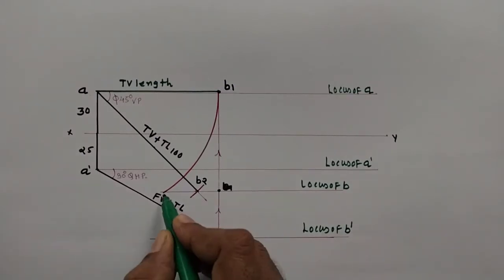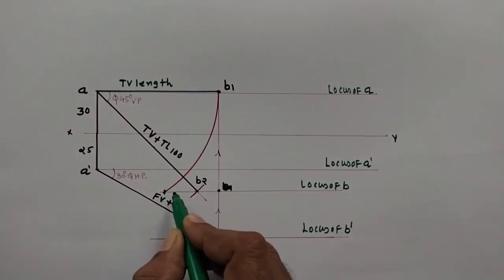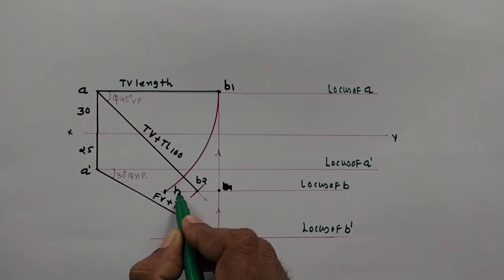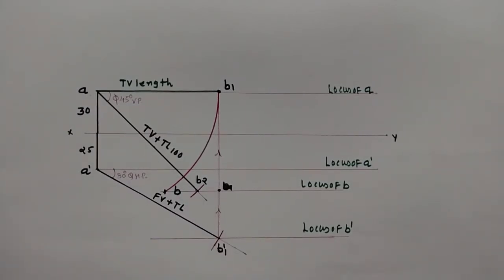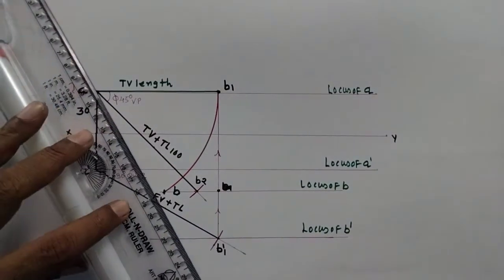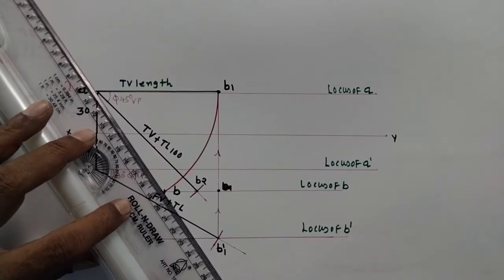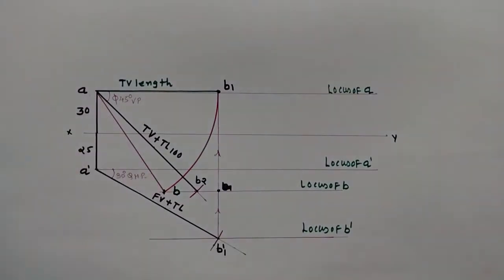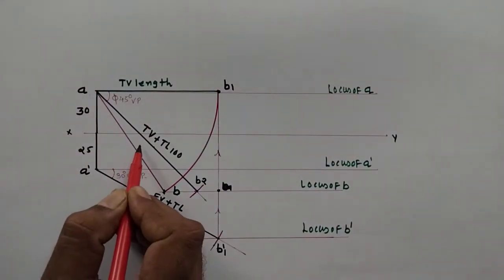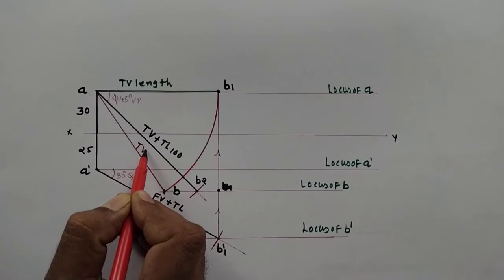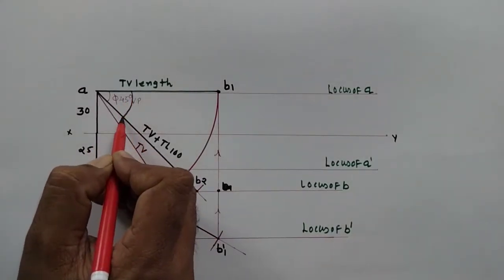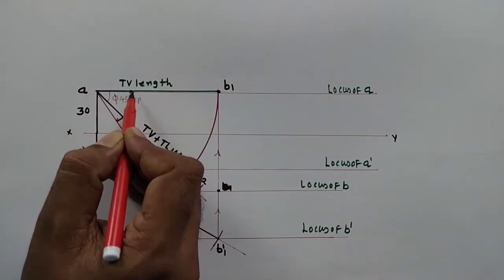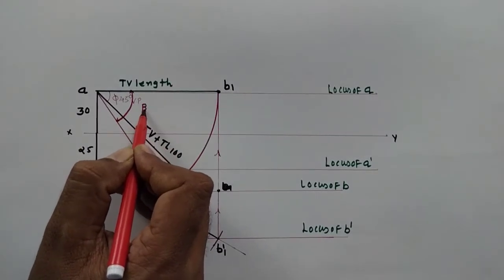It cuts my locus of B, where I found my actual plan point B, and I join it with A. So we got the first answer: the actual top view inclined to the XY line, angle beta.